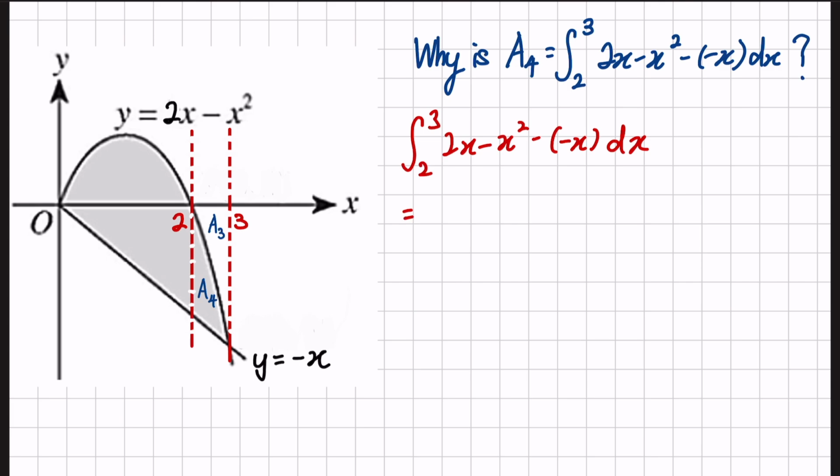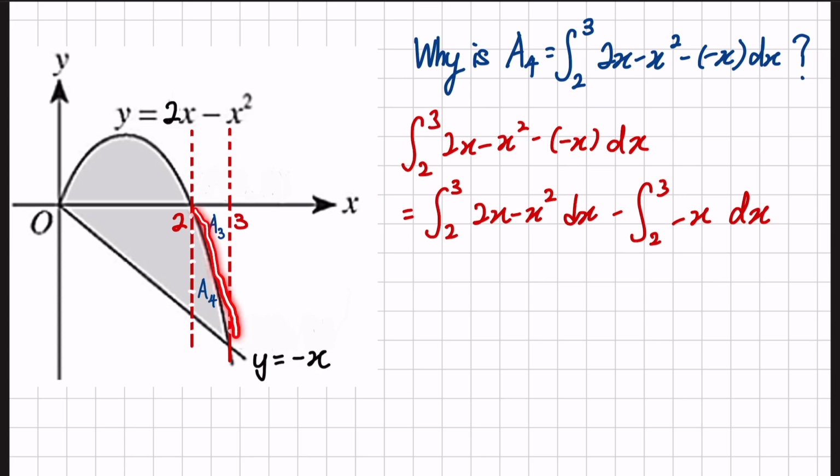I simplify, I can break this down into integrate from 2 to 3, curve dx, minus away, integrating the line from 2 to 3, negative x dx. Then I analyze this. If I were to just integrate this curve from 2 to 3, I will get negative of A3.